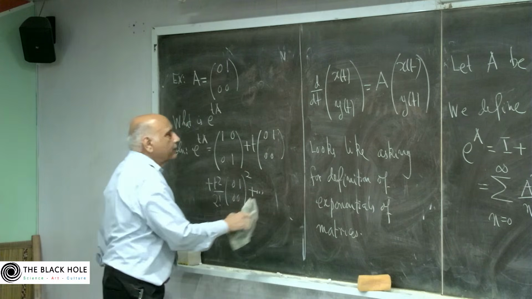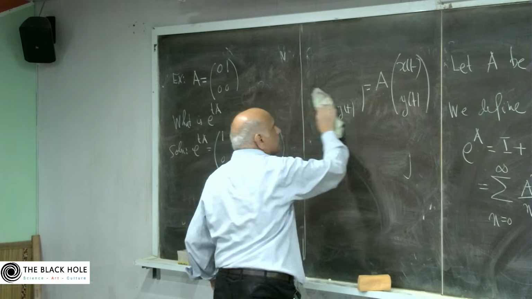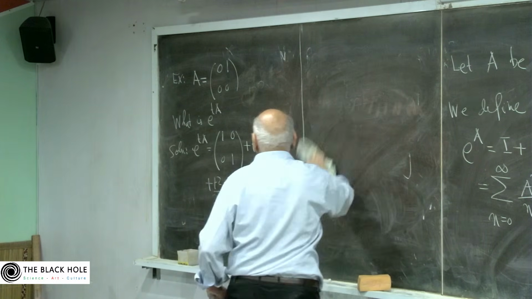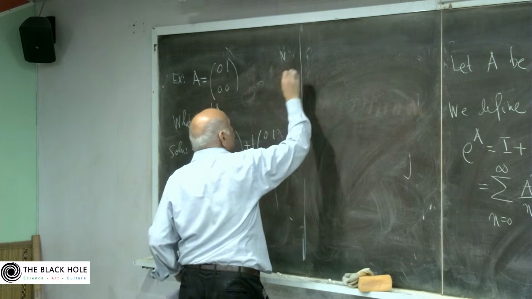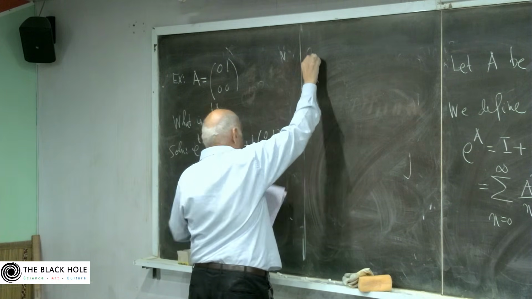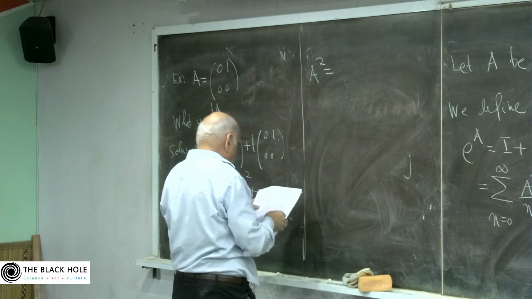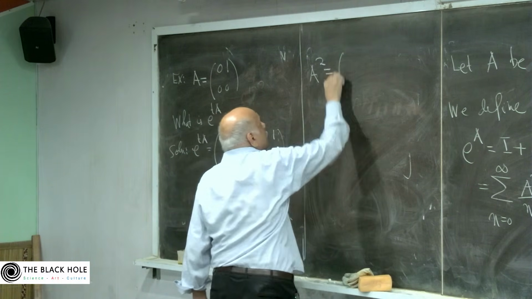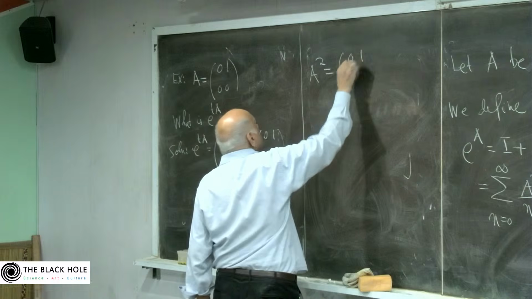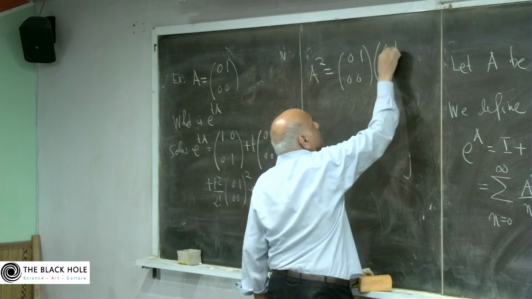Now what is A square? 0 1 0 0 times 0 1 0 0.